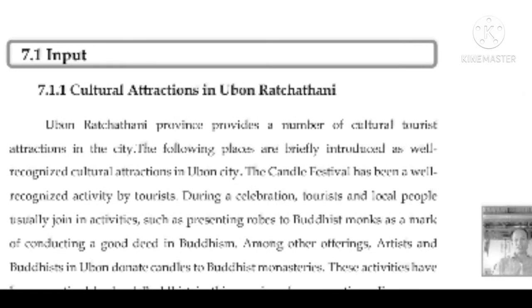We talk about attractions, something that attracts people. That can be divided into at least two types. The first one is culture. Attractions in culture mean places that humans made. They're not original; they don't occur naturally. For example, temples, pagodas, statues, all these things are created by human beings.